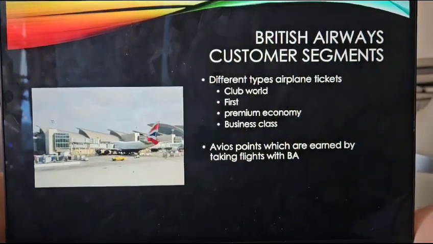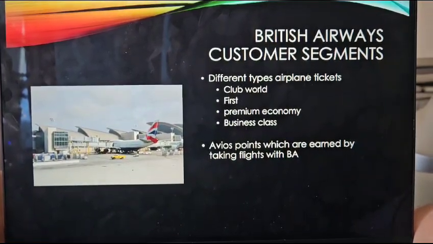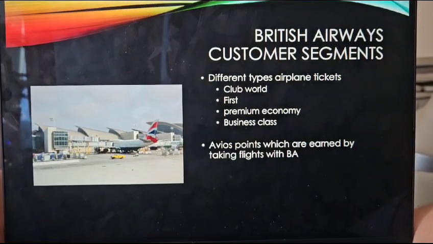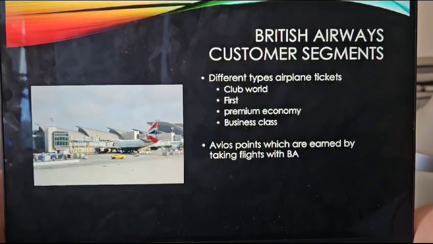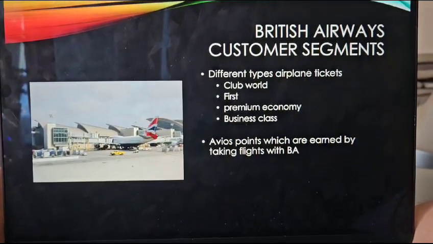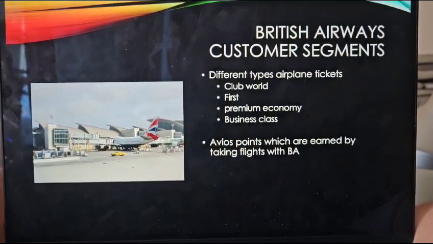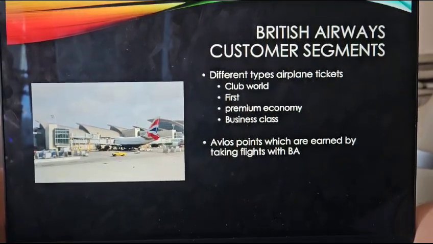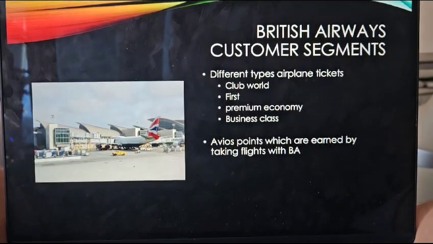British Airways customer segments. The customer segments of British Airways include their different types of airplane tickets. British Airways offer Club World, First Class, Premium Economy, and Business Class. First Class is the best of British Airways airplane tickets.